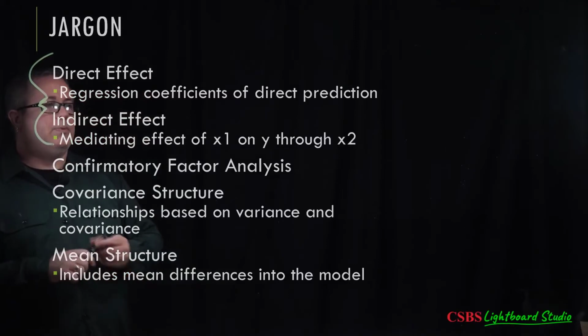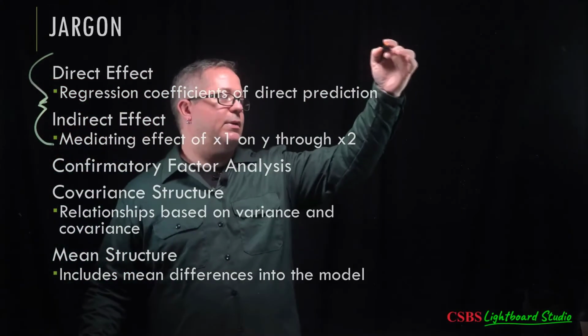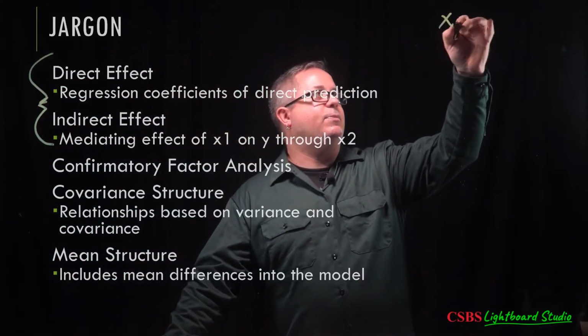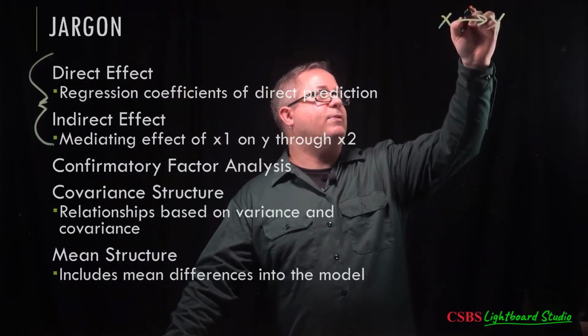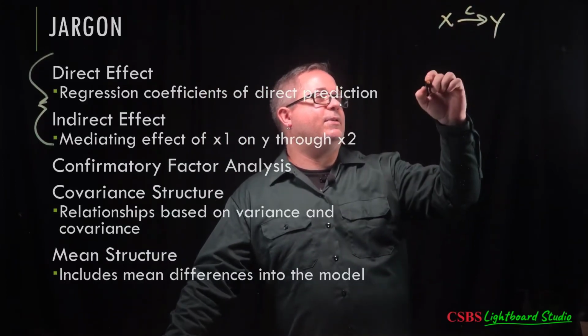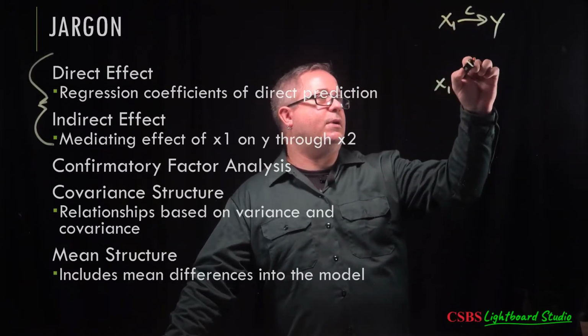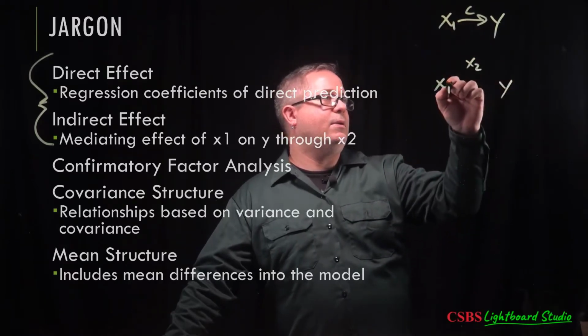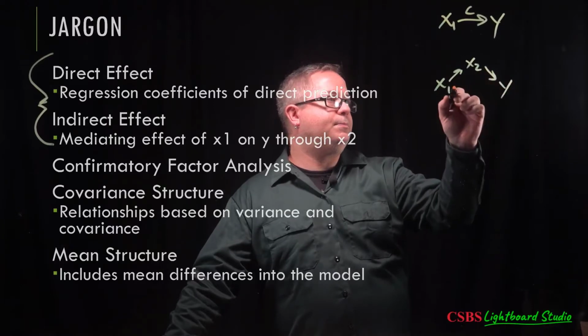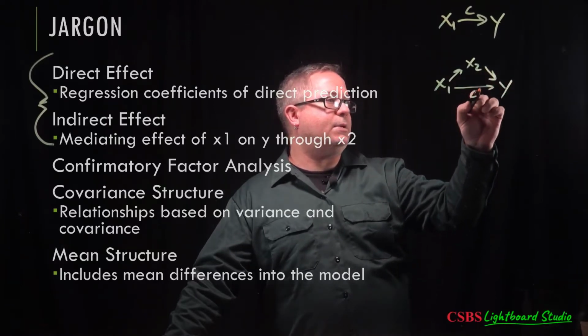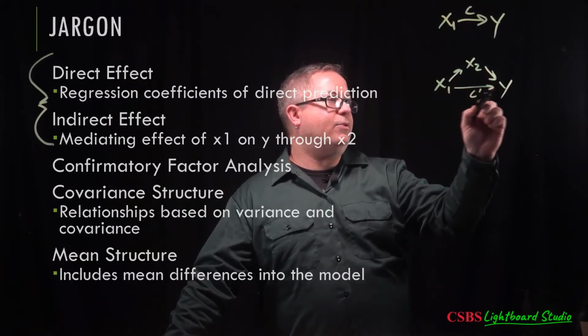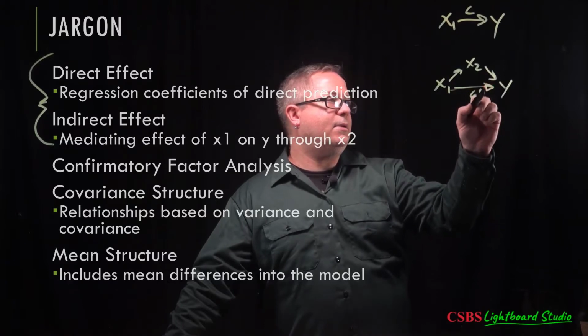But remember when we talked about x predicting y by itself, that's called c. And then we said, all right, we have x, let's make this x1, x1 to x2 to y. This is now c prime, the direct effect.